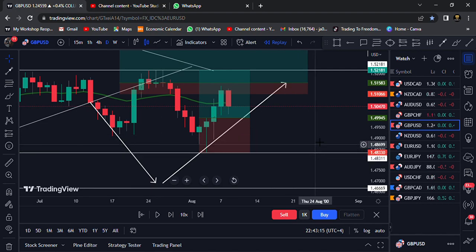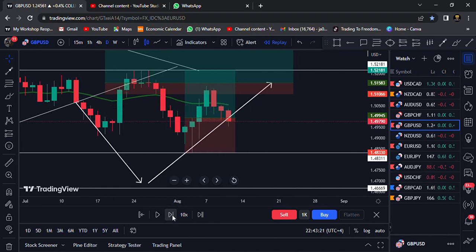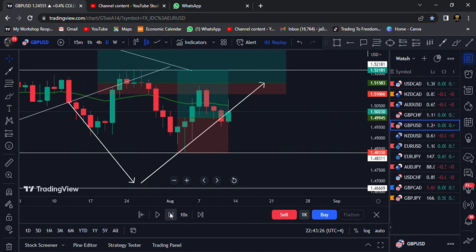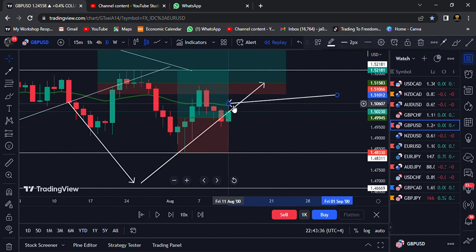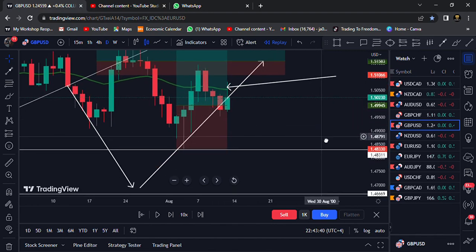So as I played by mistake, it went. We already have an idea where the market went, though it was actually trying to give us an idea here. But this was it, guys. That was the sell signal, the sell that we just saw.